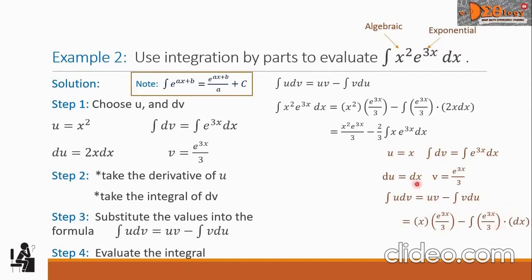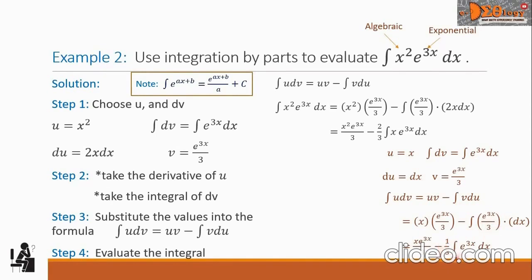Our du here is dx, so we write it here. We combine the uv to be x times e raised to 3x over 3. Then minus this constant 3 in the denominator, we pull it out outside the integral sign, so it becomes 1/3.